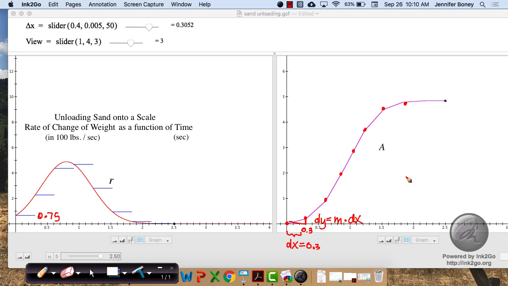If I want to know what my accumulation is at some general point within any interval, like if I know that I'm between, let's see, 0.3, 0.6, 0.9, 1.2 through 1.5.